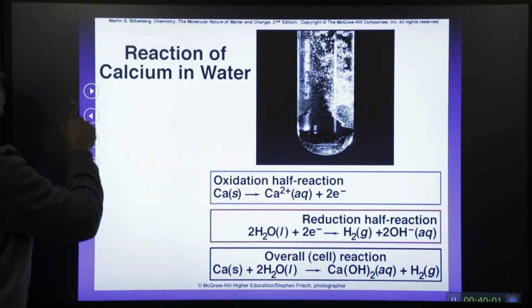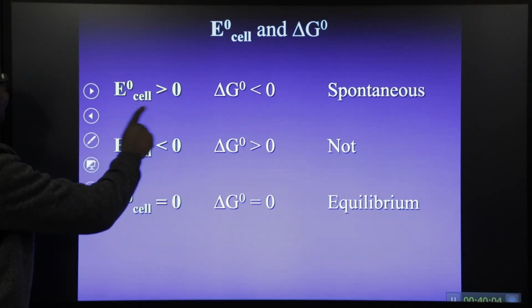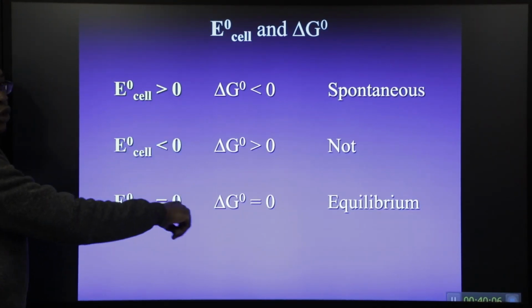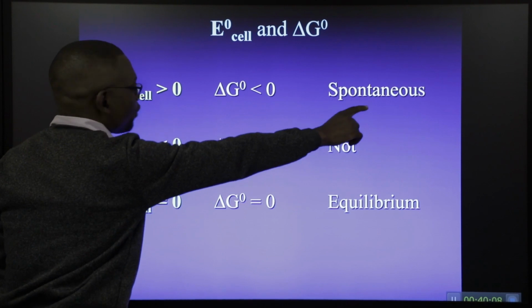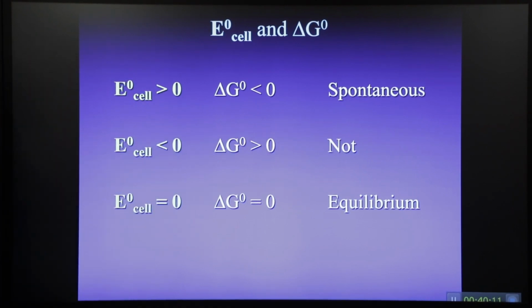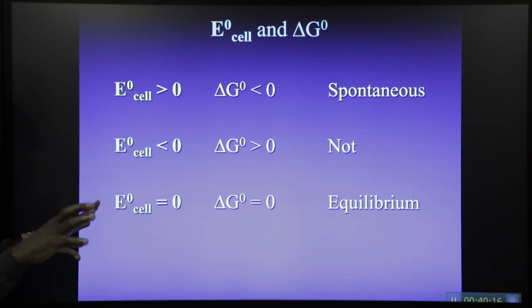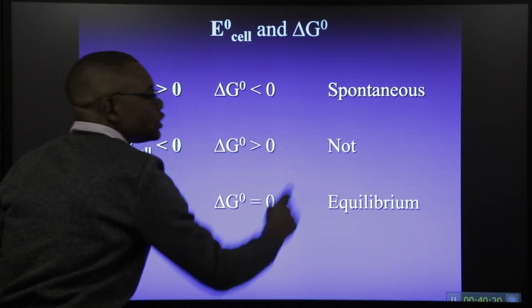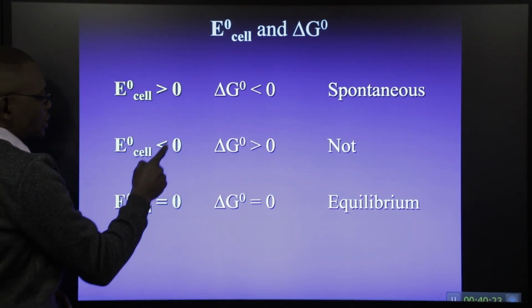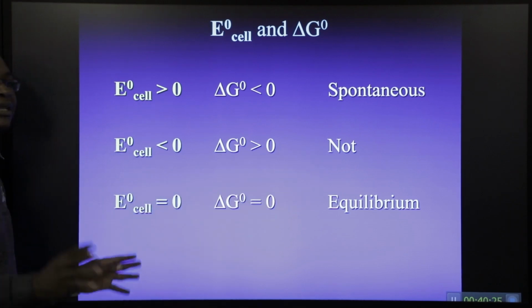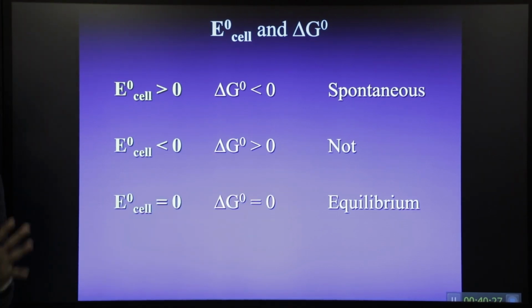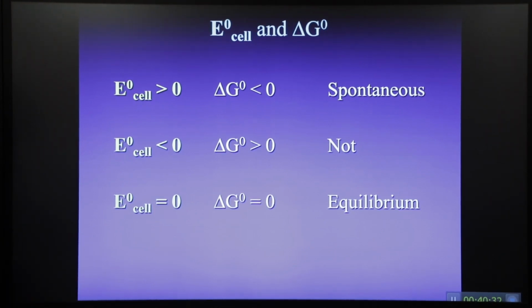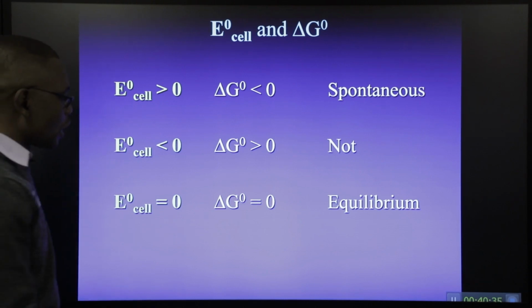In this calculation, we want to find out something which is spontaneous, meaning that when you do your E cell, cathode minus anode, if your value is greater than 0, then you know that it is spontaneous. When it is less than 0, then you know that the cell does not work. It will not work.